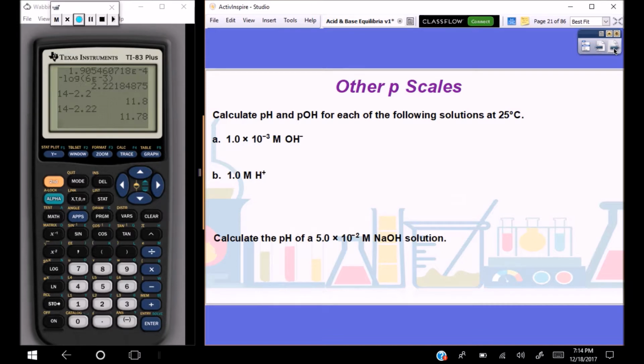So we can also just deal with this equation exclusively. If we're given a concentration, we can take it both directions. So this is some good practice here. Using this equation and also pH and pOH equals negative log of your concentration, go ahead and calculate A and B. So A, we have 1.0 times 10 to the negative third molar hydroxide. Calculate pH and pOH for both.